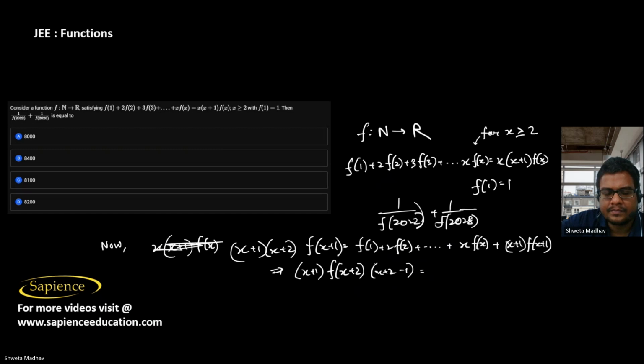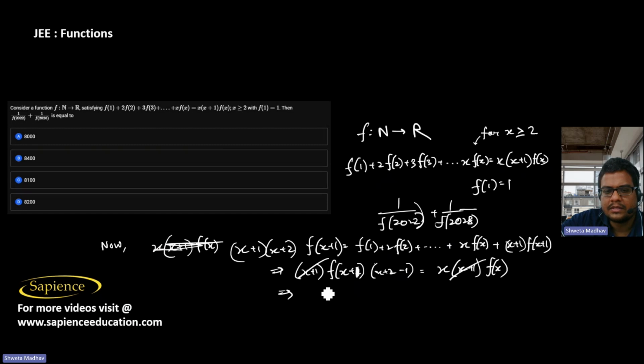So (x+1) f(x+1) into (x+2) minus (x+1), that is equal to, so this part we can write as x into (x+1) into f(x). So x+1 we can cancel it.